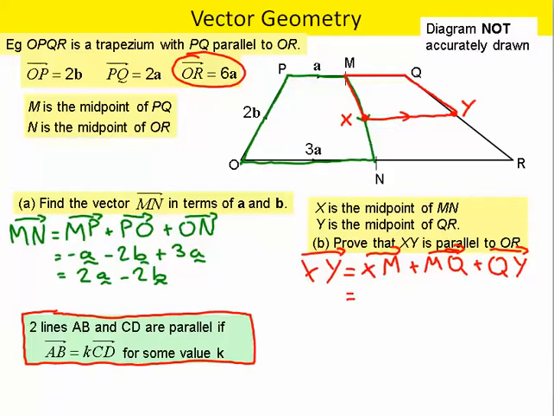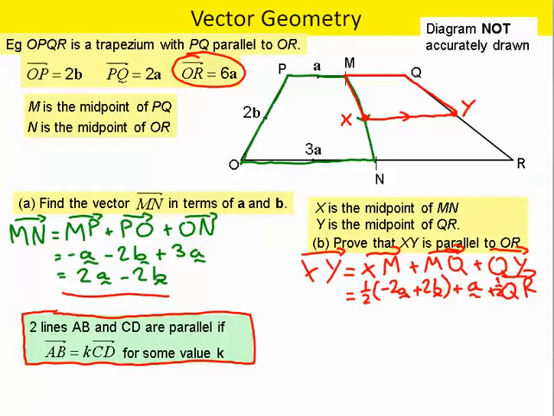So first thing we can do is XM, well that's a half of NM. So it's a half of the negative of this. So we have to add on a half of minus 2a plus 2b, plus MQ is equal to just a because it's a half of PQ, and then on the end QY, or we can call that a half of QR.